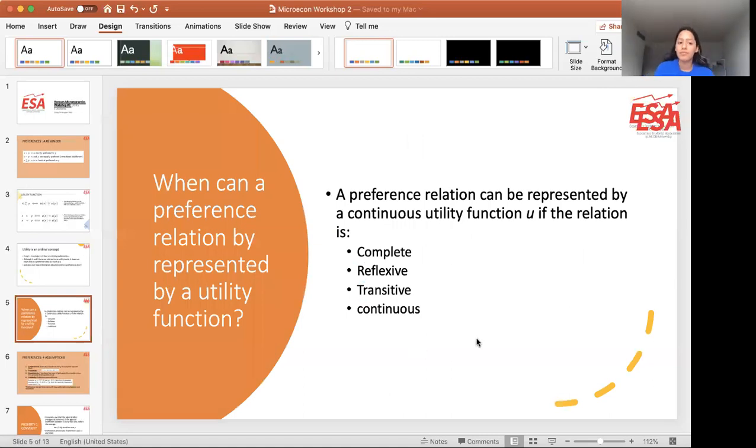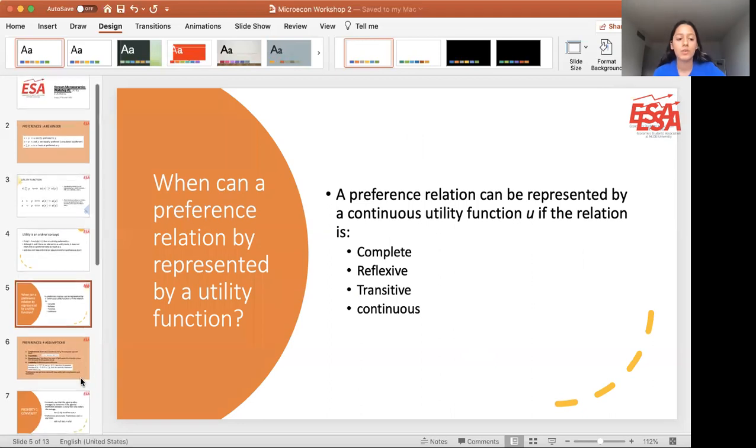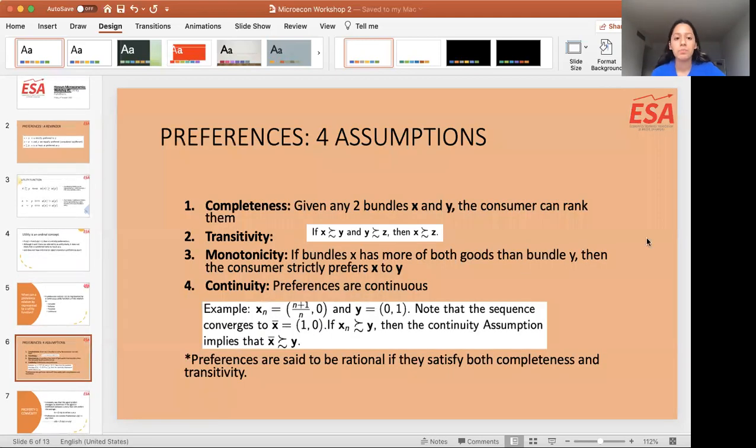So when can a preference relation be represented by a utility function? A preference relation can be represented by a continuous utility function U if the relation is 1, complete, 2, reflexive, 3, transitive, and 4, continuous. These are the four assumptions that we talked about last time, and I'm putting up the slide I used last time again. I'm going to give you a minute to look at it.